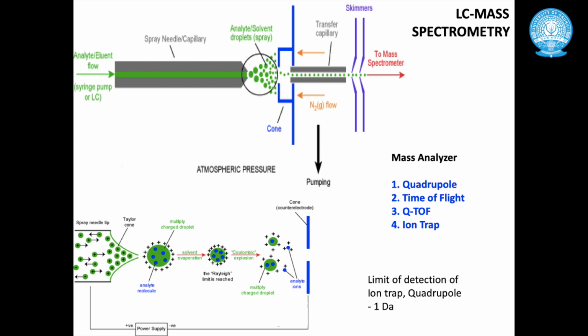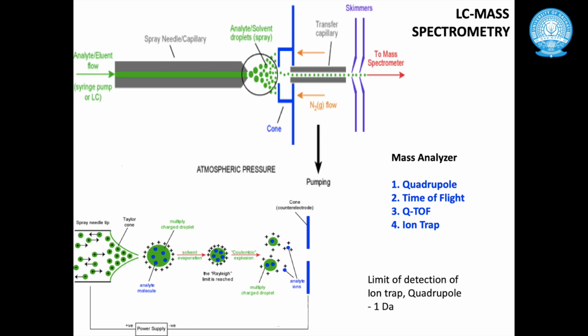At a particular point, which is called the Rayleigh limit, the droplet bursts and releases the charged analyte which was present in the droplet into the chamber.